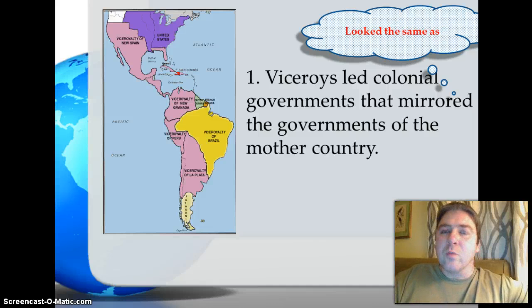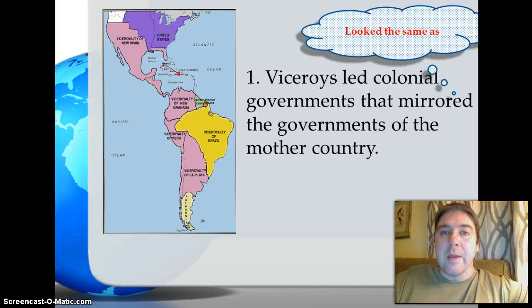These colonies were divided up into viceroyalties. Okay, we can see, for example, on the map here, we had the Viceroyalty of New Spain, the Viceroyalty of New Granada, Viceroyalty of Peru, Viceroyalty of La Plata, and the Portuguese Viceroyalty of Brazil.